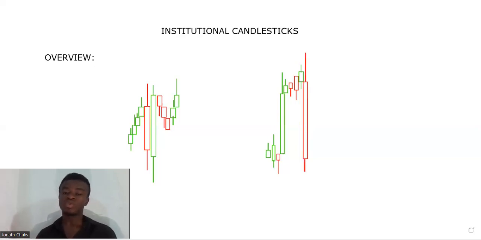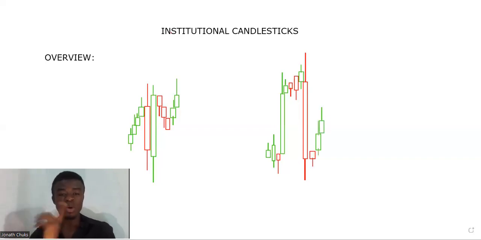Okay, guys, see. So with this kind of long wick, it's been formed. Institutional candlesticks. Okay, after that, the market will keep ranging, normal ranging, or form a new trend, just like that. So this is how institutional candlesticks can be. It can be in this form where it forms a high selling candlestick and then next following another high buying candlestick.